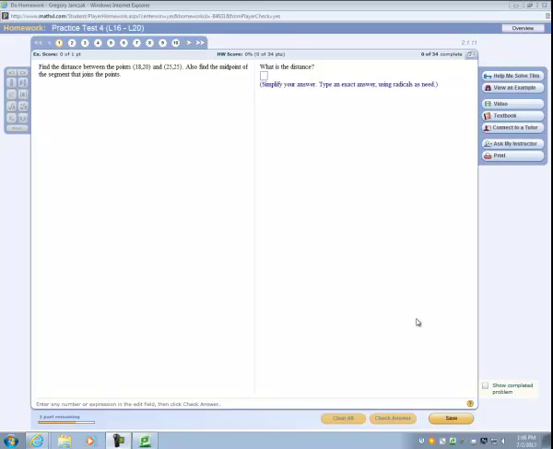Okay, this is the review for test 4. We want to find the distance between 2 points and also the midpoint.